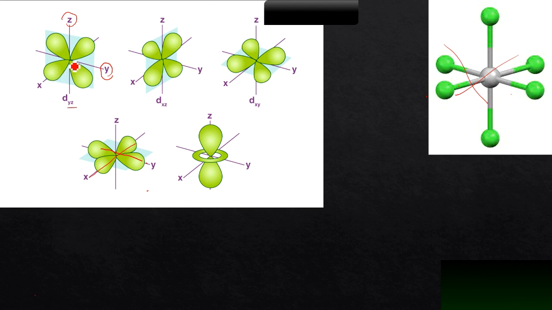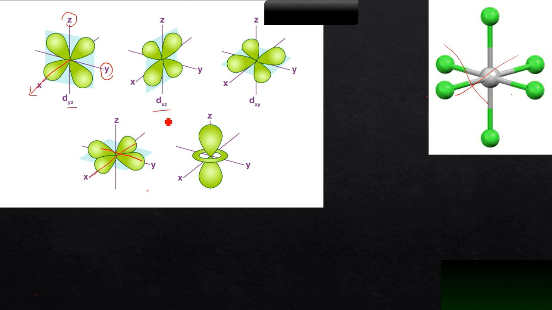Here, this is the x-axis. Don't be confused, this x is coming out of your screen, out of the plane. So this dyz orbital is not on any axis. It is in between the y and z axes.